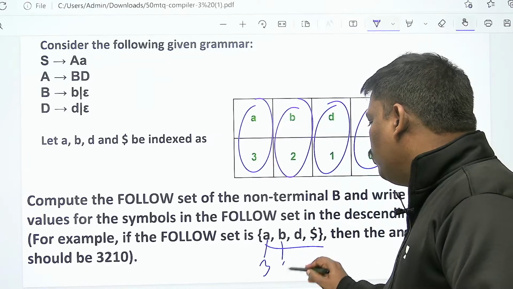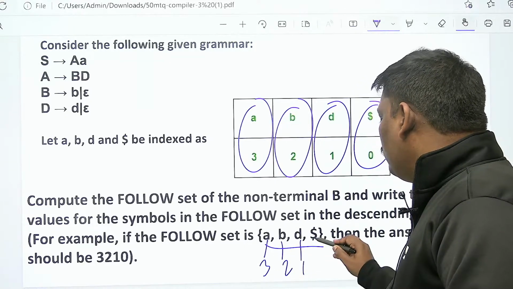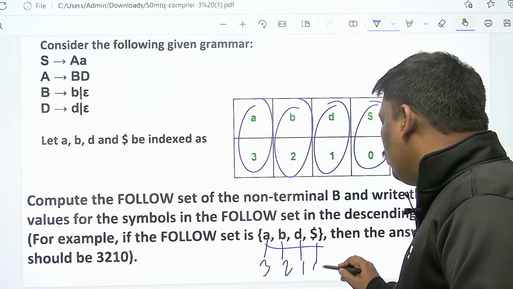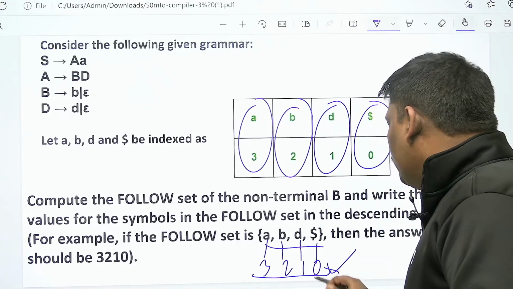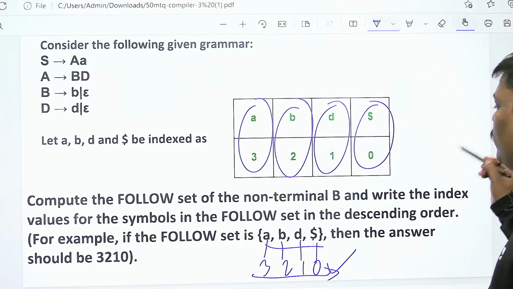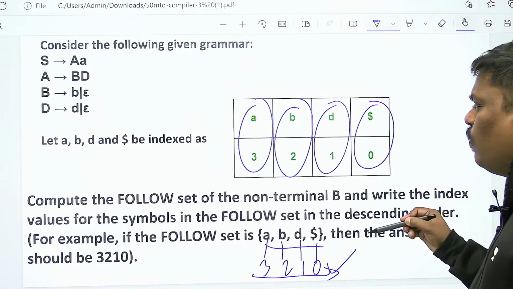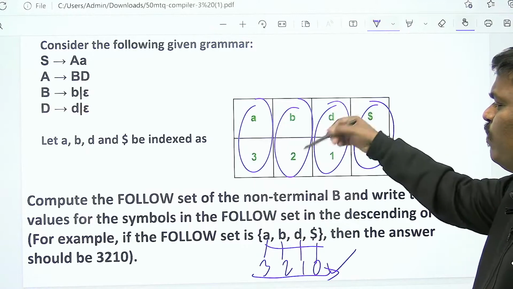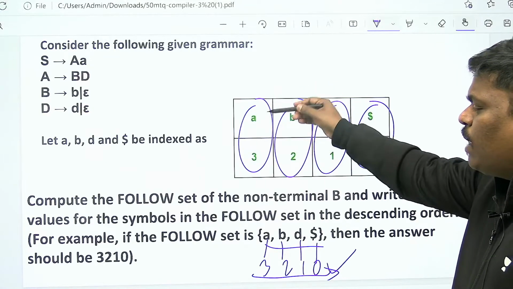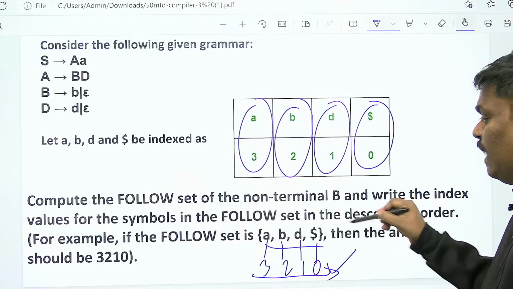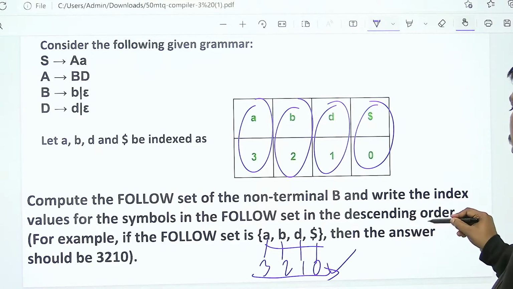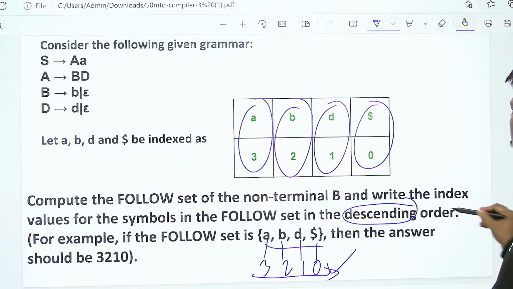What is the B? 2. What is the D? 1. What is the $? 0. You have to return this in descending order. Find the follow, map every symbol with the digit, the index number. After mapping, write all of them in descending order. Careful, descending order you have to write.